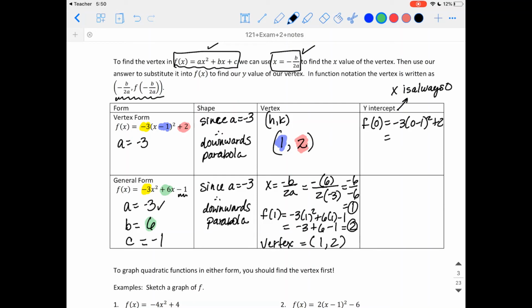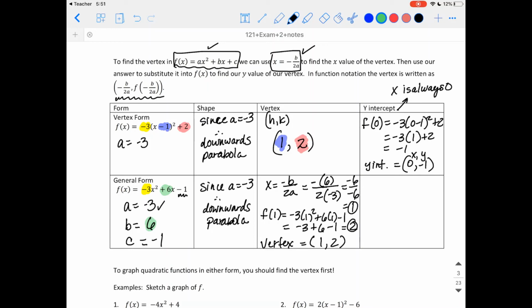So f of 0 is going to be negative 3 times negative 1. 0 minus 1 is negative 1. Negative 1 squared is a positive 1, plus 2. And negative 3 plus 2 is negative 1. So my y-intercept is 0 comma negative 1. This is my x value and this is my y value.